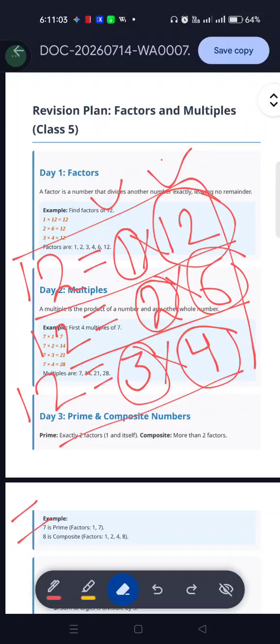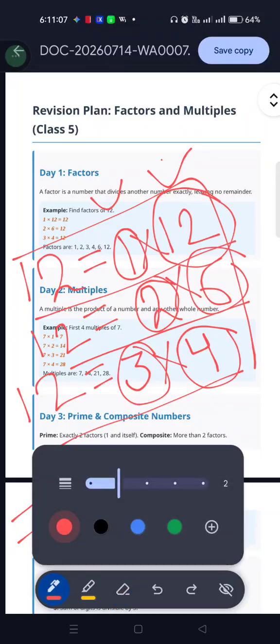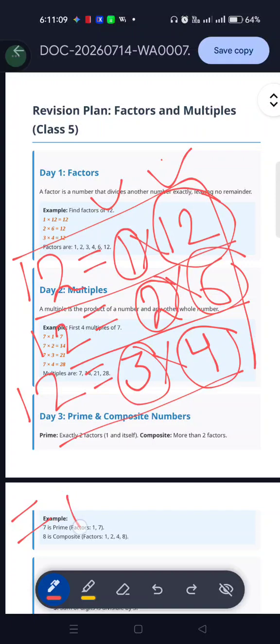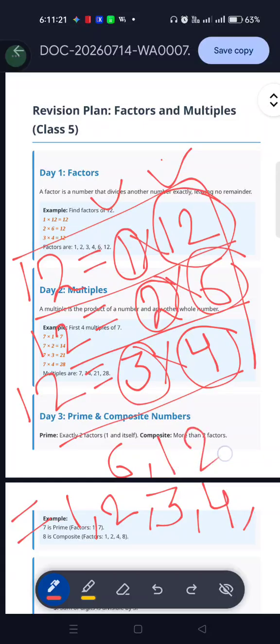So here, the factors of 12 you can write like this way: 1, 2, 3, 4, those numbers which I have circled. After 4 it is 6 and after 6 it is 12. So these are the factors of 12. I hope that it is clear to you.